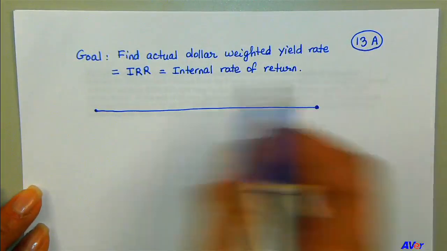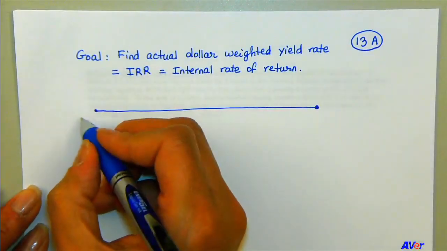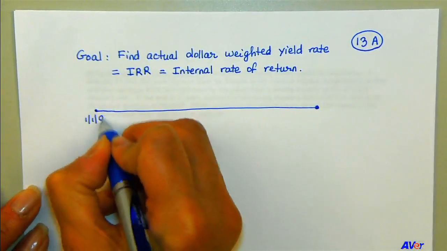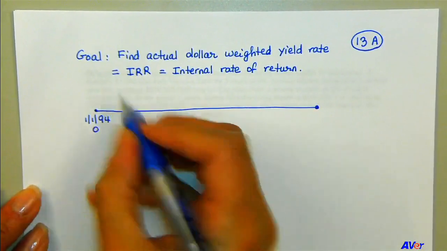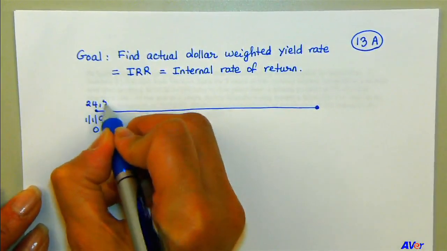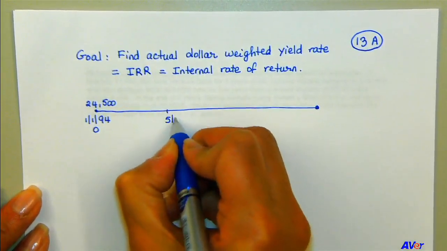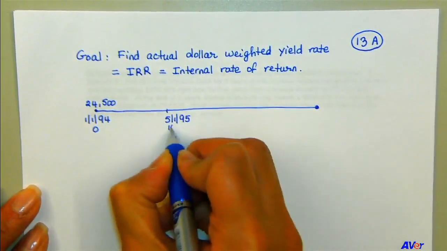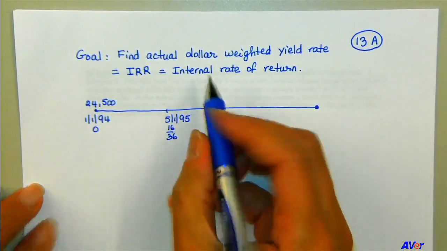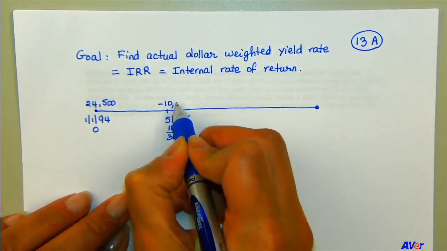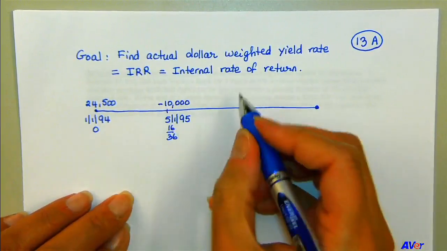I had 24.5 at 1/1/94, which is time 0, 24.5. And at 5/1/95, which was time 16 over 36, negative 10,000 was a contribution.